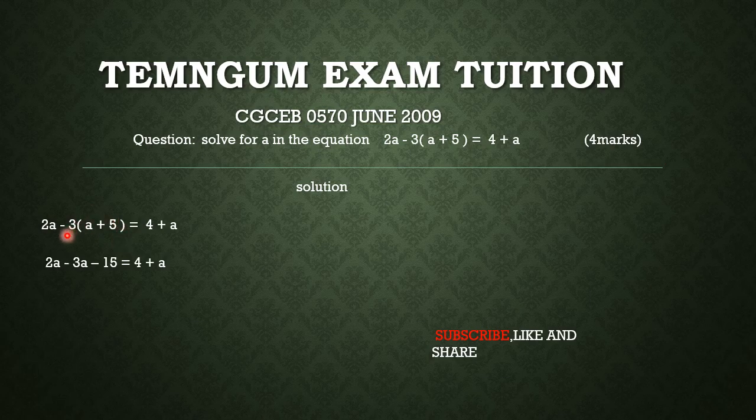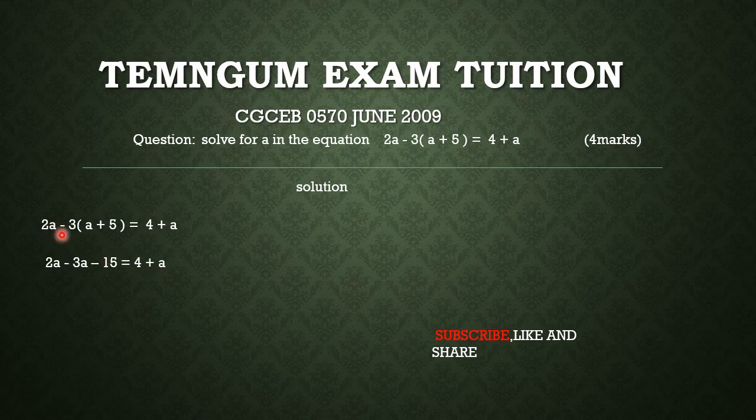So by doing that, I'll copy the first term as it is. Now distribute the negative 3 inside. Whenever you see something written without a sign, know that it's positive. So you have negative times positive is negative, 3 times a, 3a. Negative times positive is negative, 3 times 5, 15. I copy what I have on the right hand side.